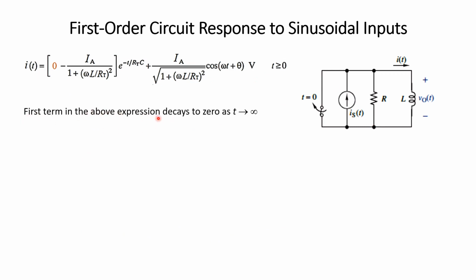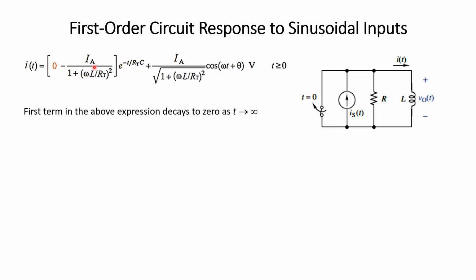The first term in the above expression decays to 0 as t approaches infinity. Note that the cosine function will never decay to 0 because it is a periodic function, and it will be oscillating forever. But as we have an exponential term over here, and the power of this exponential function is minus t divided by the time constant, as t approaches infinity, this will diminish.